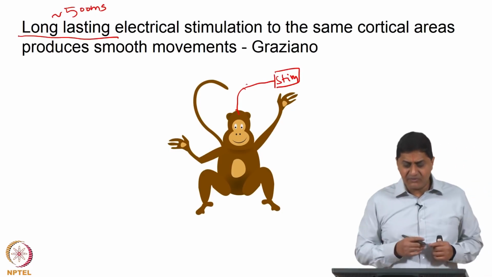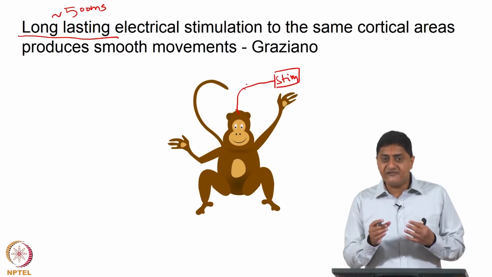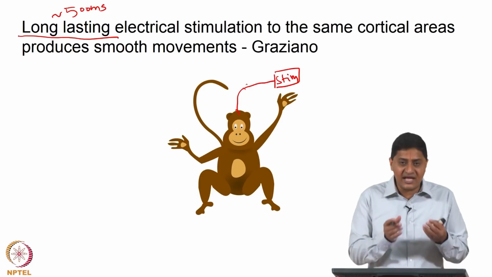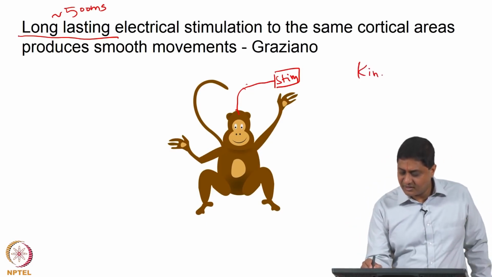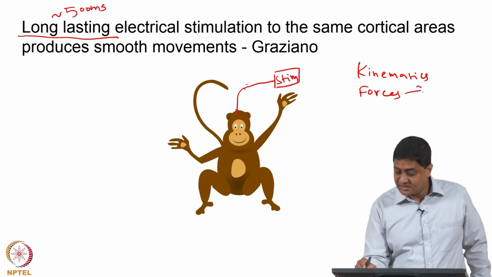In the previous cases, we have studied the correlations between neuronal activity and mechanical aspects of movement, such as kinematics or trajectories, force and its directions, magnitude.